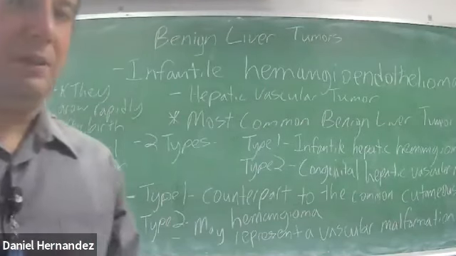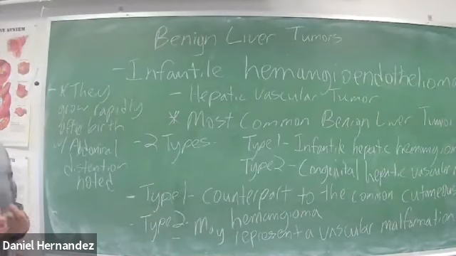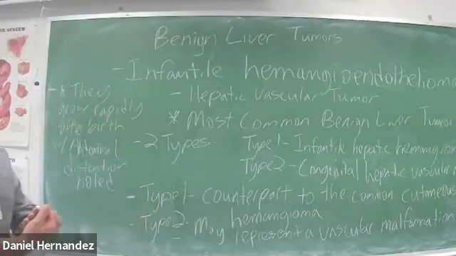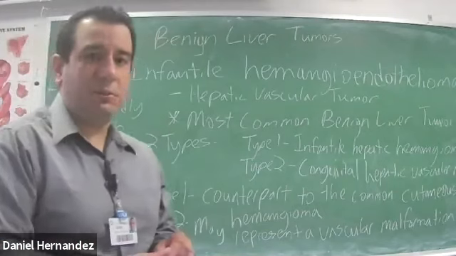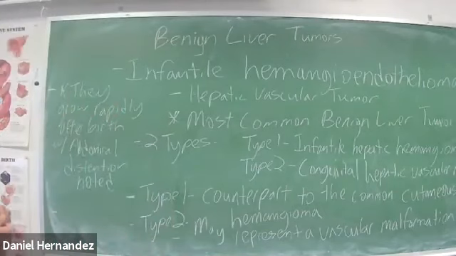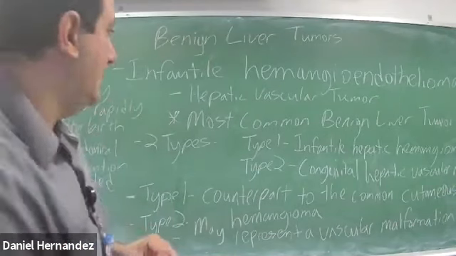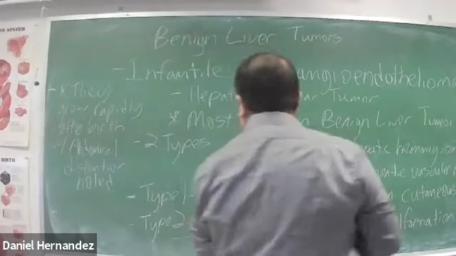So these are going to be your little infants where their abdomens start becoming more and more distended. It's a noticeable distension because these tumors grow very rapidly, and they're often palpated quite easily due to the rapid growth.